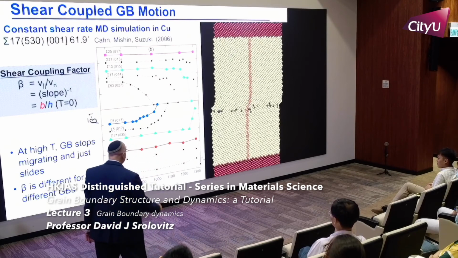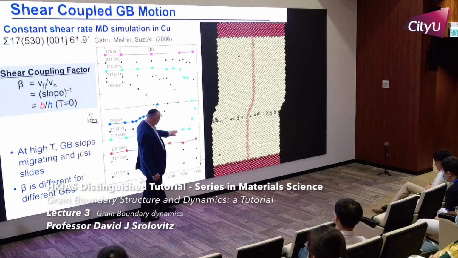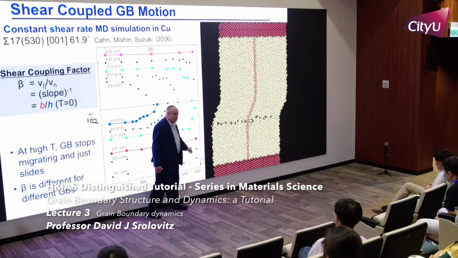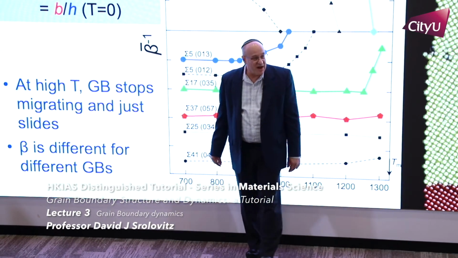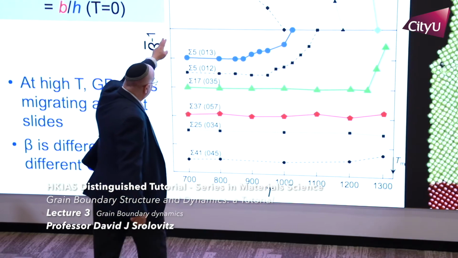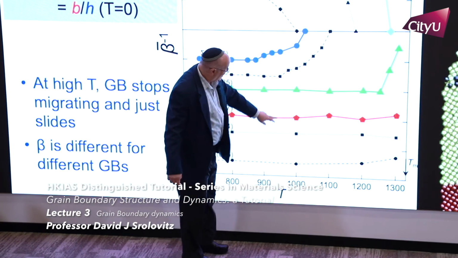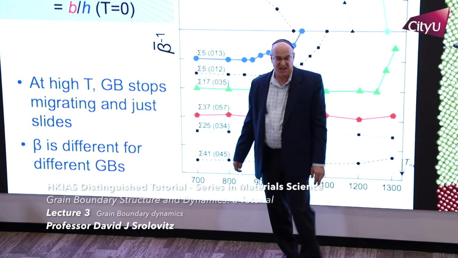So depending, some boundaries will slide at high temperatures, some will not, and it's just because you can't get the temperature high enough. So not all boundaries slide at the same temperature. This boundary is sliding here at 1,000, and this one at 1,300 is not sliding at all.